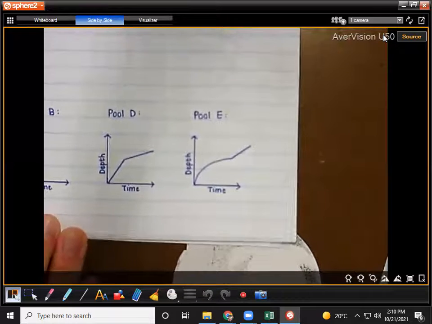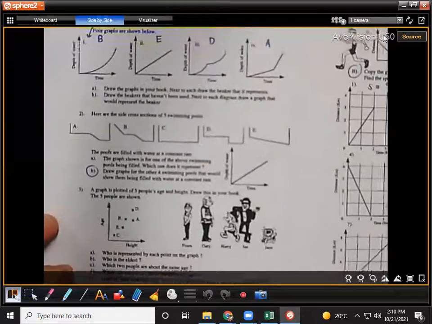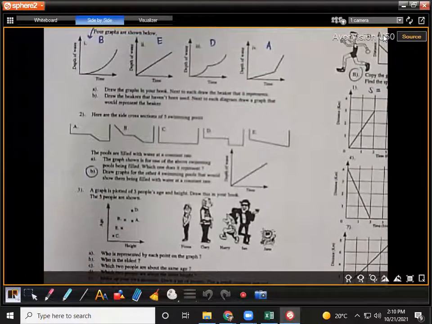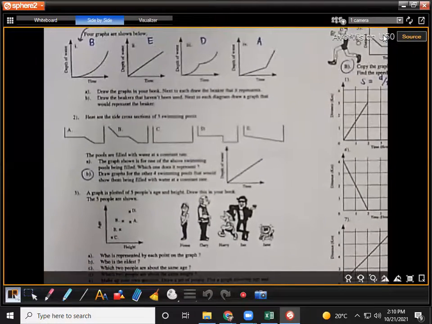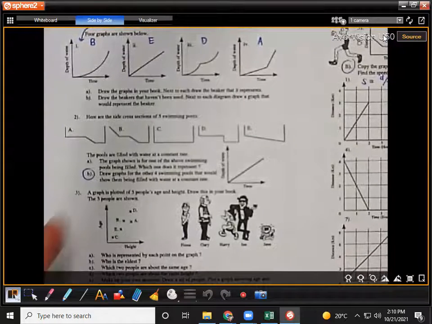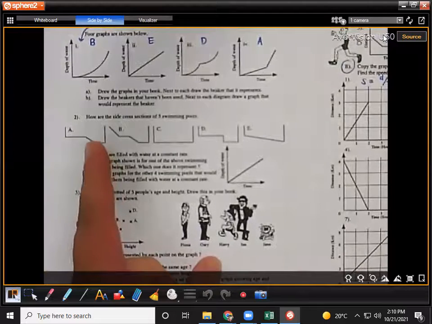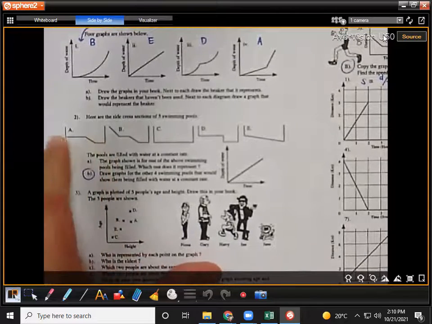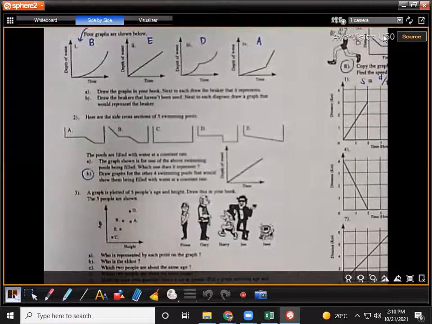Okay, let's look at A and B. A, what's happening there? It starts off narrow and then it increases gradually, right, for a little bit, and then it's wider and then it will increase gradually. So how do we think we're going to draw that?